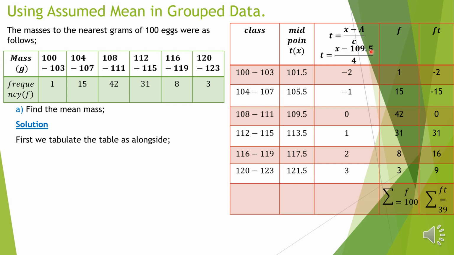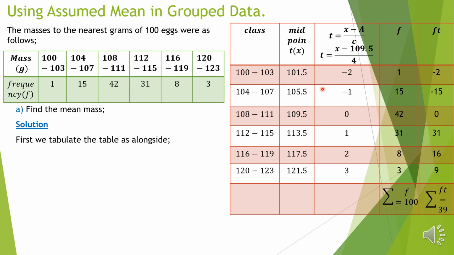Yesterday, I said that you can find this by looking at the value of X that is nearly at the center of the data. That is going to be our assumed mean. For this case, I'm using 109.5, but if you use 113.5, the same procedure can be followed. So we are going to have X minus 109.5 over 4, where 4 is the class interval.